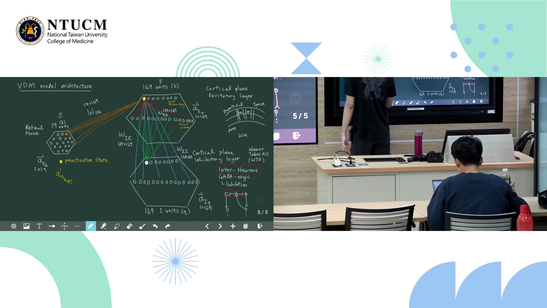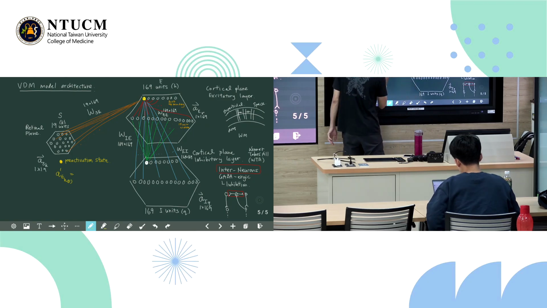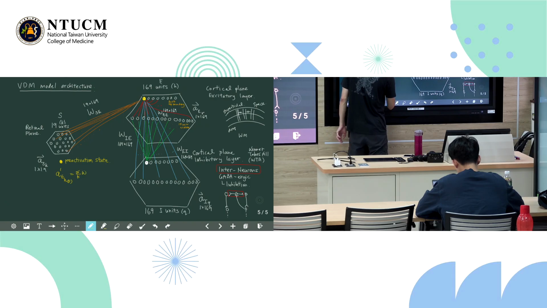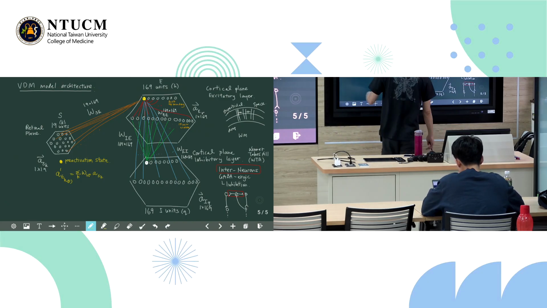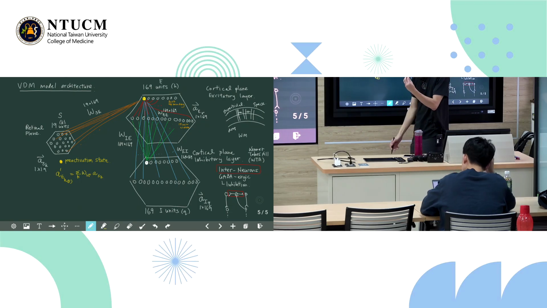It equals, if you go according to this architecture, the sum over K of W from the stimuli to the excitatory layer multiplied by the input retinal unit K. So this orange part here will be feeding into the highlighted yellow unit's pre-activation state.